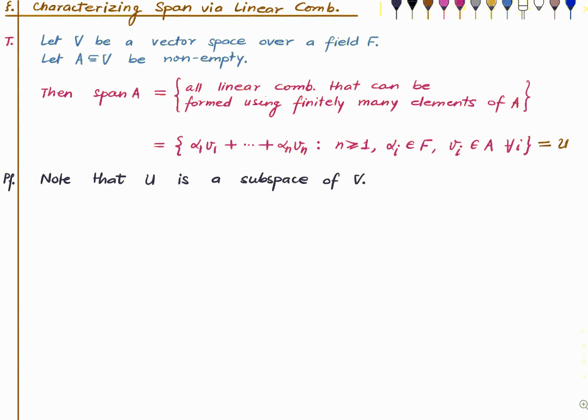Just check it is closed under addition and scalings. Also, U contains A, because if you have a vector v in A, you just consider this linear combination 1 dot v. So definitely this subspace contains A.